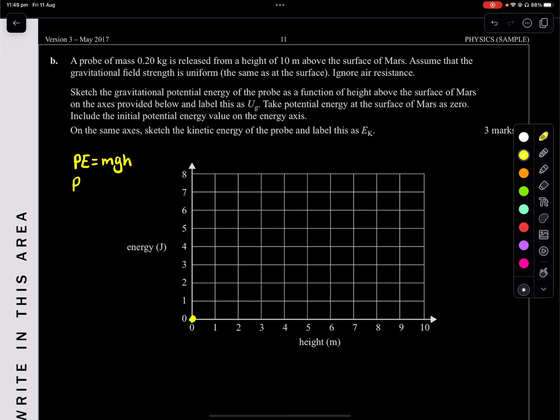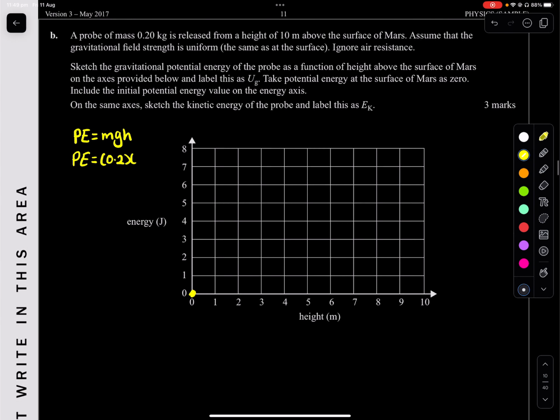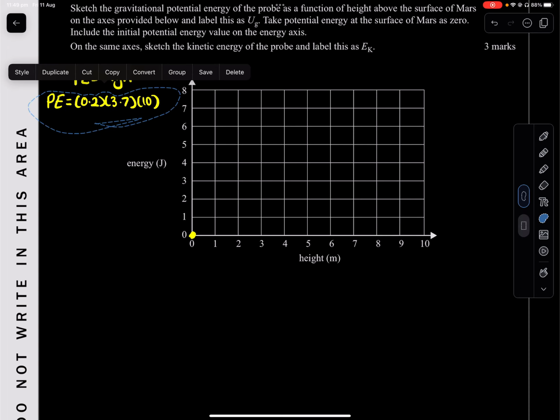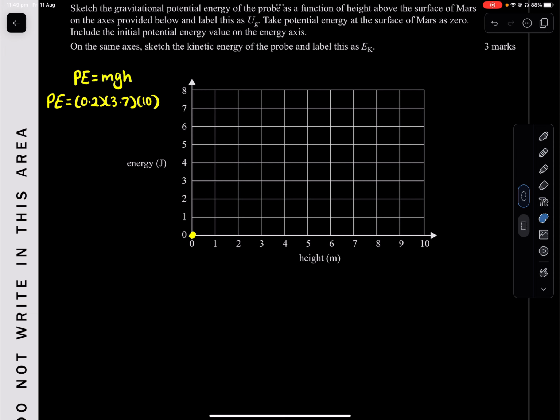So potential energy when the mass is 0.2, gravitational field is 3.7, and your height is 10. So 0.2 times 3.7 times 10. That's 7.4. So here will be 7.4.